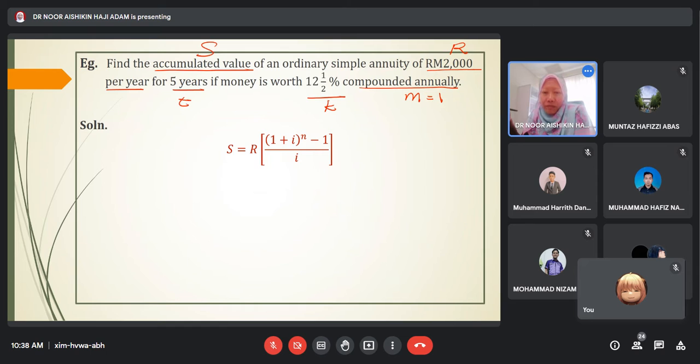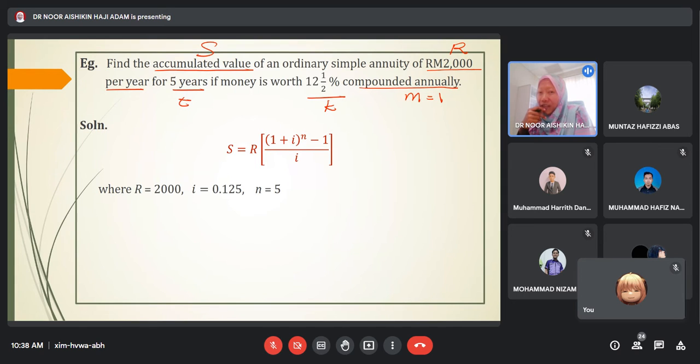So let's have a look. That's the formula again. Where R is 2000, I is 0.125. Why 0.125? What is I? K over M. M is just 1. What is 12.5%? 25 over 2 again.